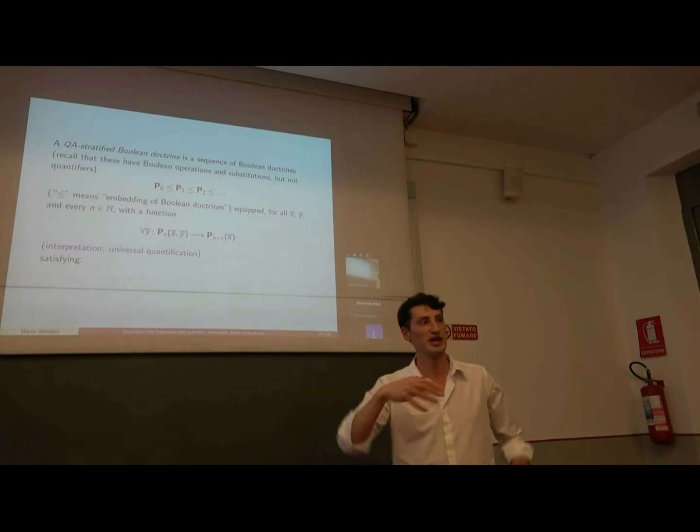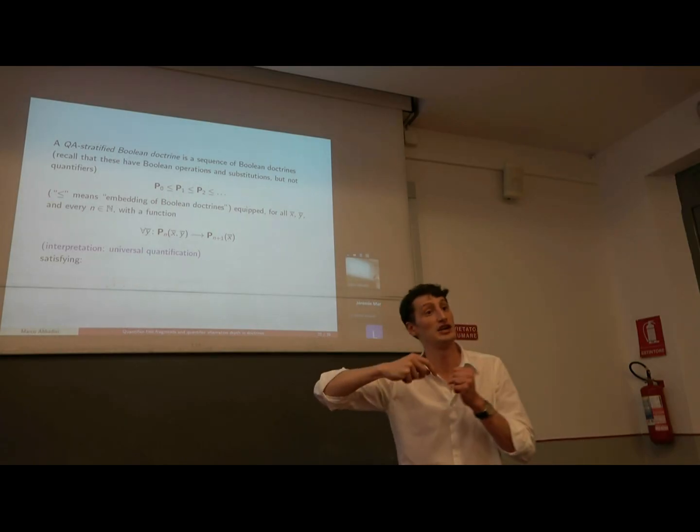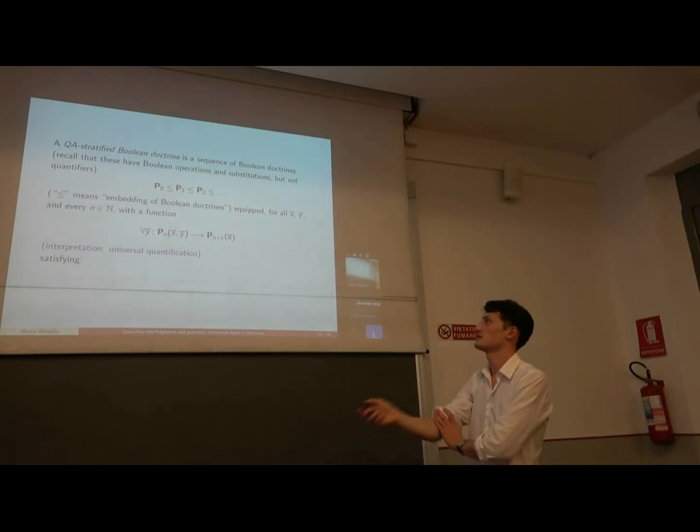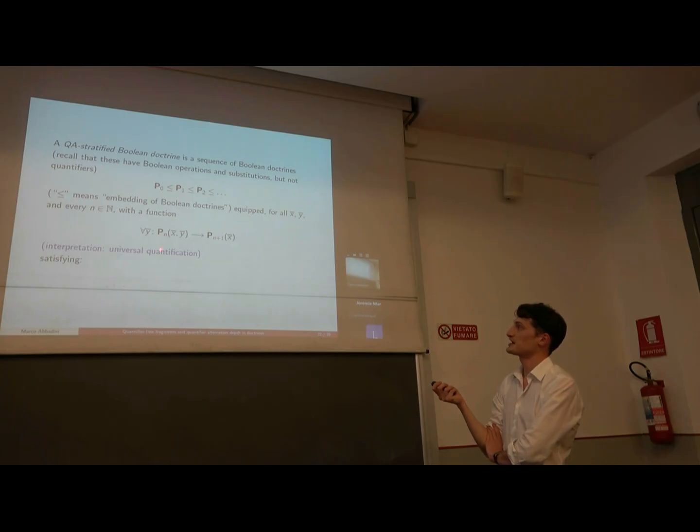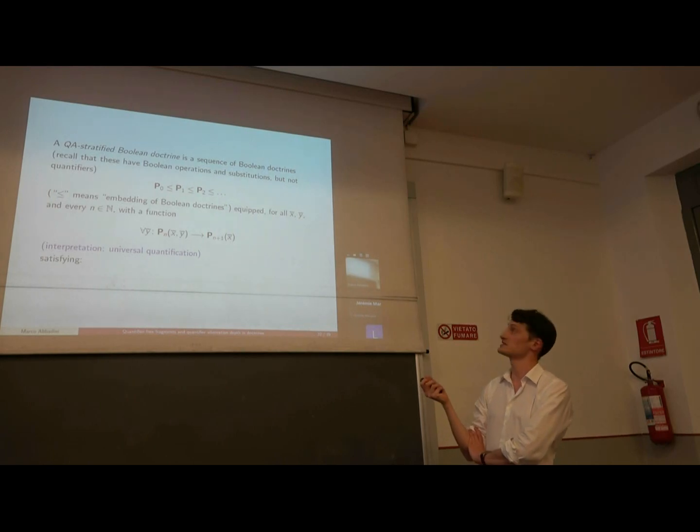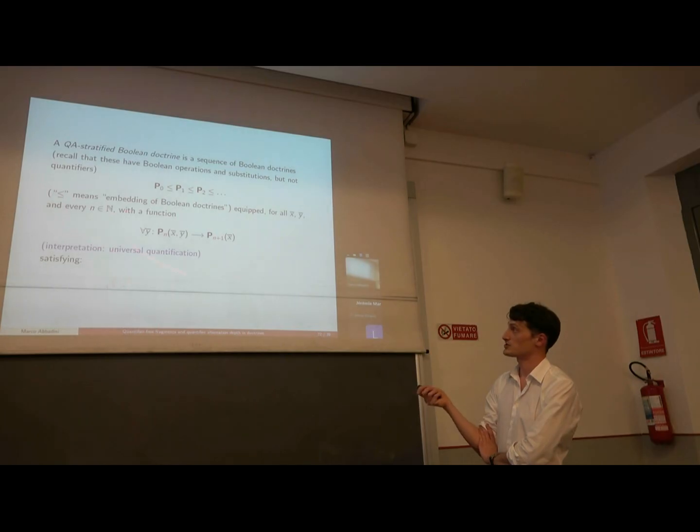And moreover, we have these stratified universal quantifiers, that in this case go from Pn of xy to the next layer, Pn plus 1 of x. And these should satisfy certain axioms.